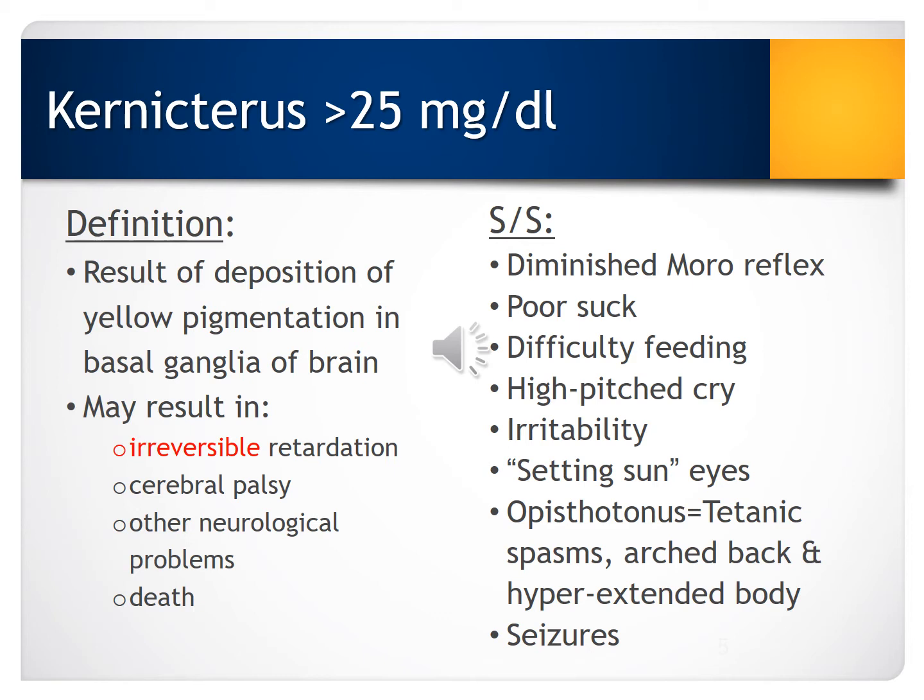And so signs and symptoms of kernicterus are listed on your right. And this is rare because of the information that we know about hyperbilirubinemia, its causes, and ways to decrease the risk of pathological jaundice.